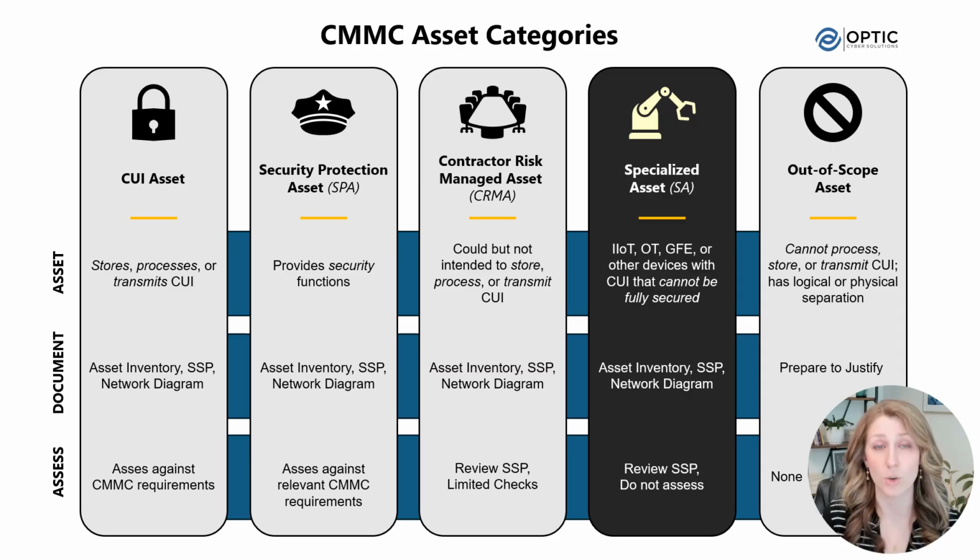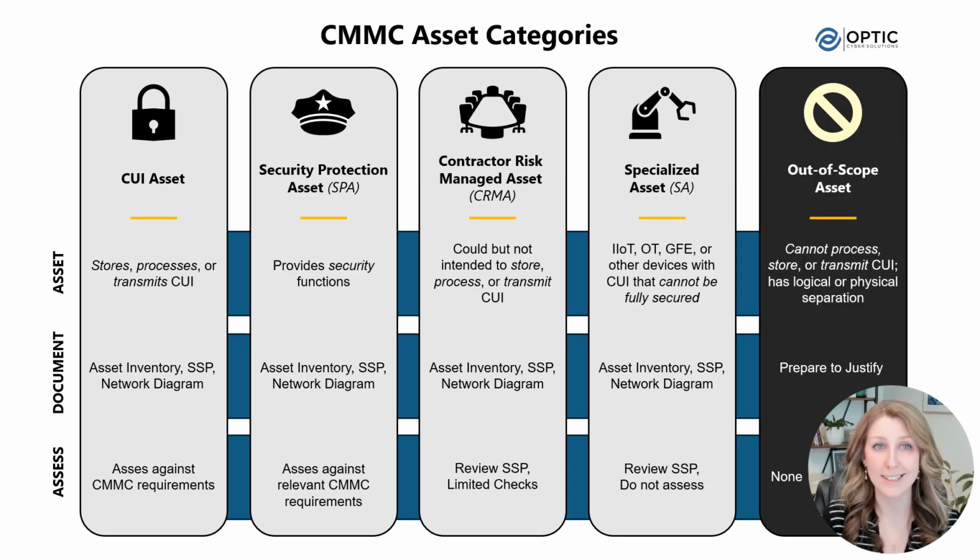Government furnished equipment, GFE, would also fall in this category as specialized assets. So this is important because organizations must determine how these assets interact with CUI and apply appropriate protections when needed. In some cases, it may be impossible to apply the CMMC requirements to these devices, but that's where we need to implement compensating controls or layered protections to make sure that we're still protecting them as best we can, even though these won't be assessed.